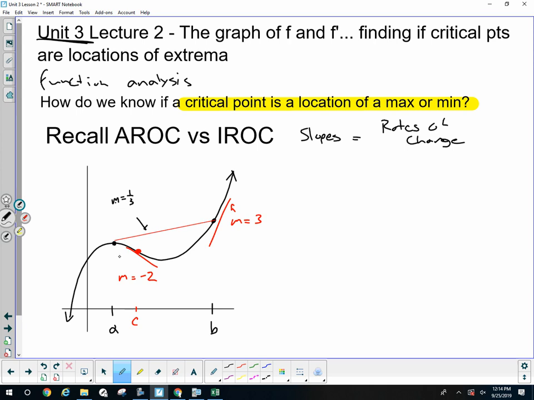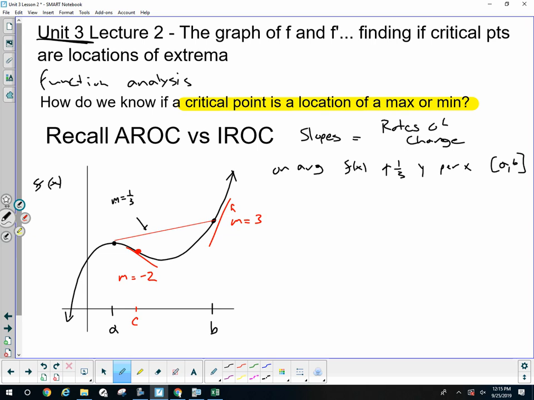The slope is 1/3 between A and B. I would say that on average, f of x, if this is f of x, goes up 1/3 of a y per x on the interval from A to B. It's how quickly it's moving up on average over that interval.